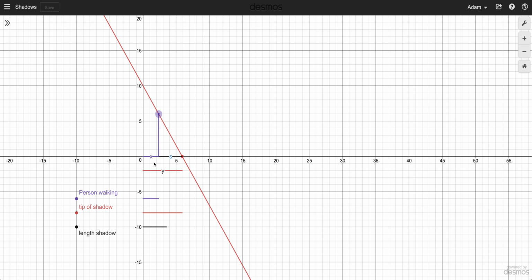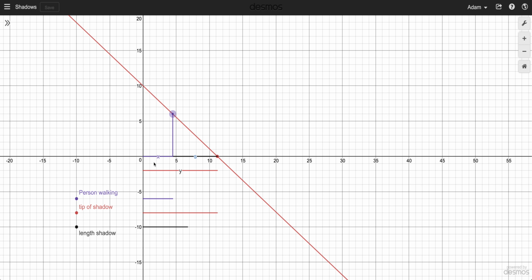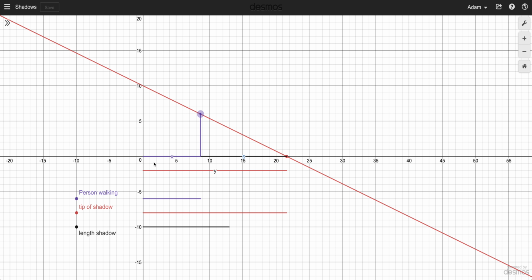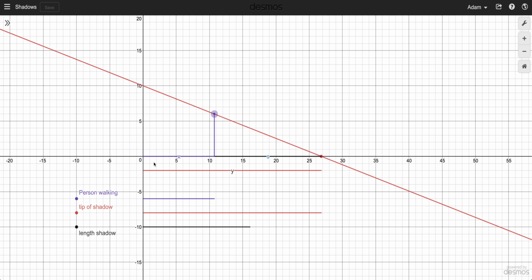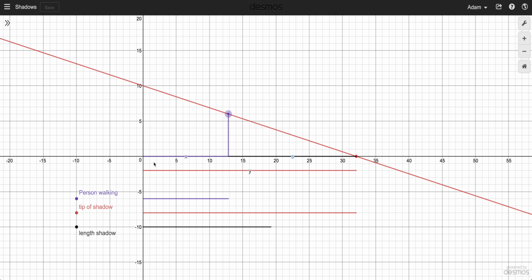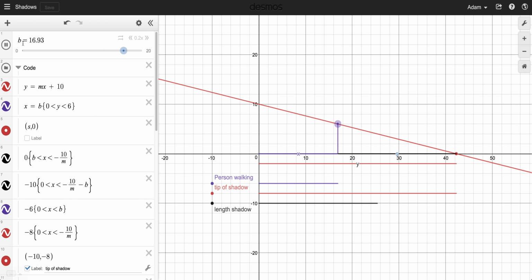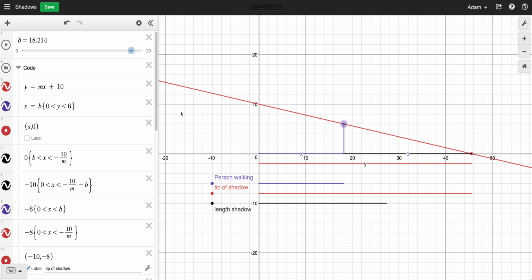And so in this problem, we're supposed to figure out if our person is walking at 4 feet per second, then how quickly is the tip of the shadow moving? So this is a related rates problem. And what I encourage you to do is to take a look at this video and see, we're given information about our person moving.